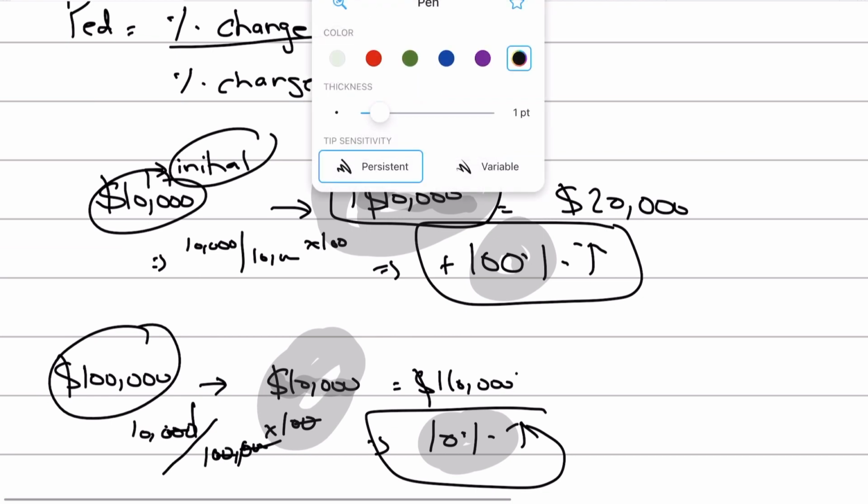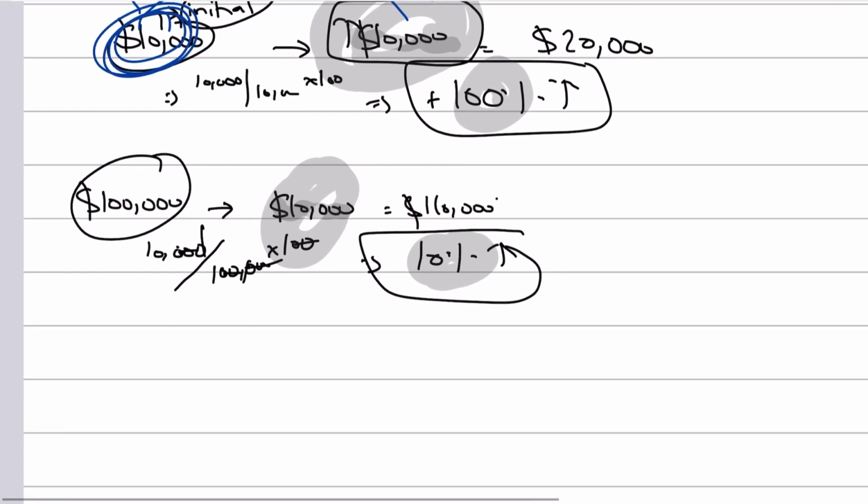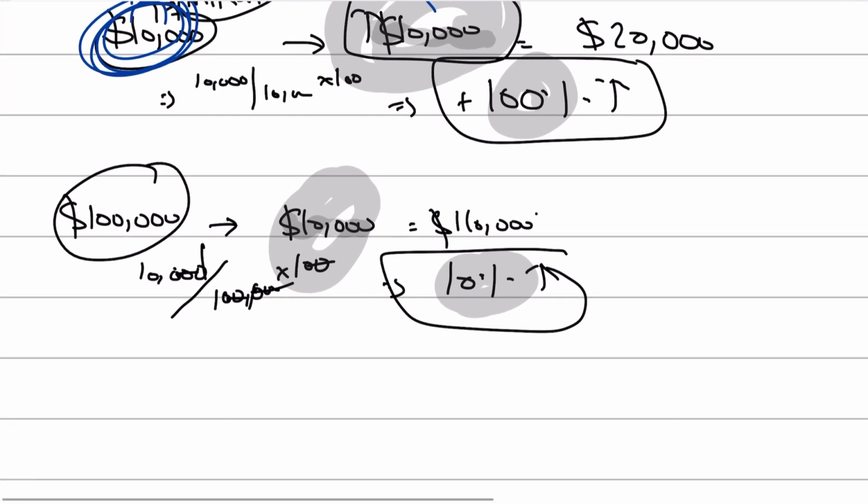Here the change and the initial level are the same, but if the initial were, let's say, 9k or 8k, even then the percentage change would have been much higher, in fact more than 100%.